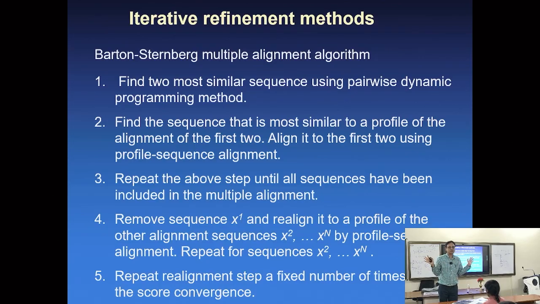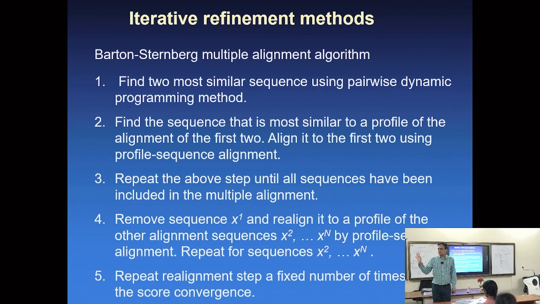So this is another approach, a heuristic approach. Once you have aligned, you remove the first sequence and then align it against the group of the remaining sequences using the profile alignment. Then remove the second sequence and align it against the group of the remaining sequences.